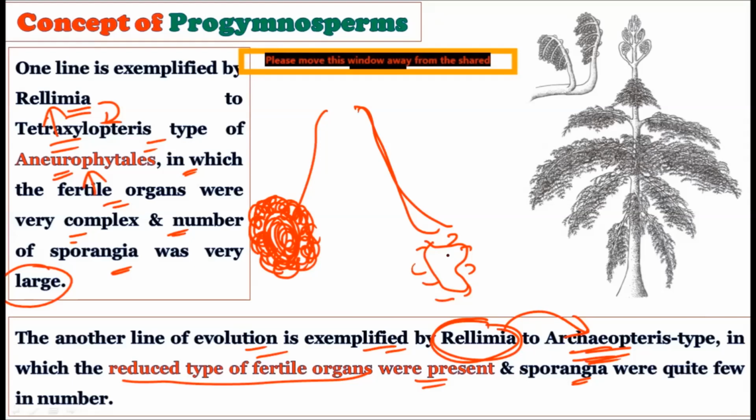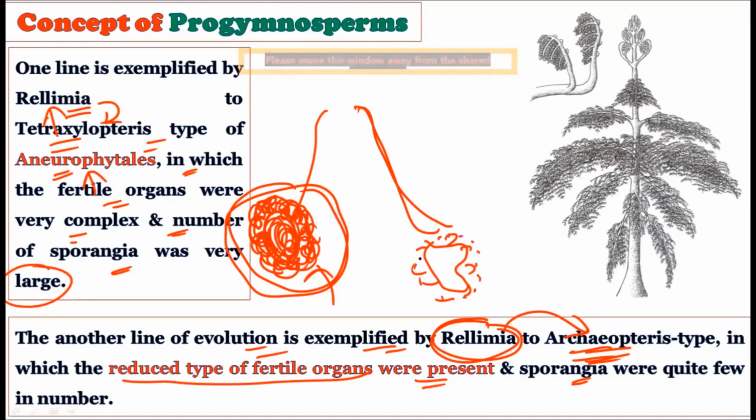These two lines show different kinds of fertile organ development. On the one hand, you will find very complex sporangia present in very large numbers, and on the other hand, the sporangia are very small in number and simple.